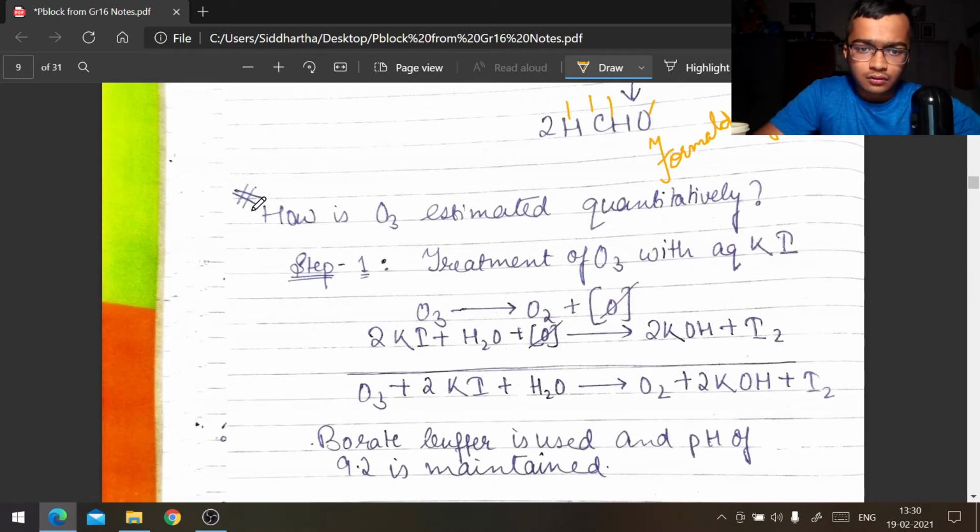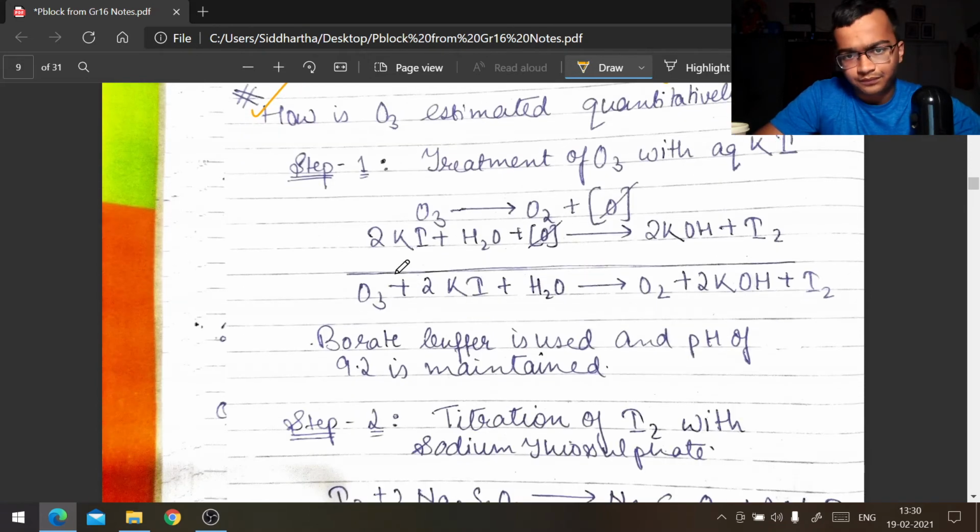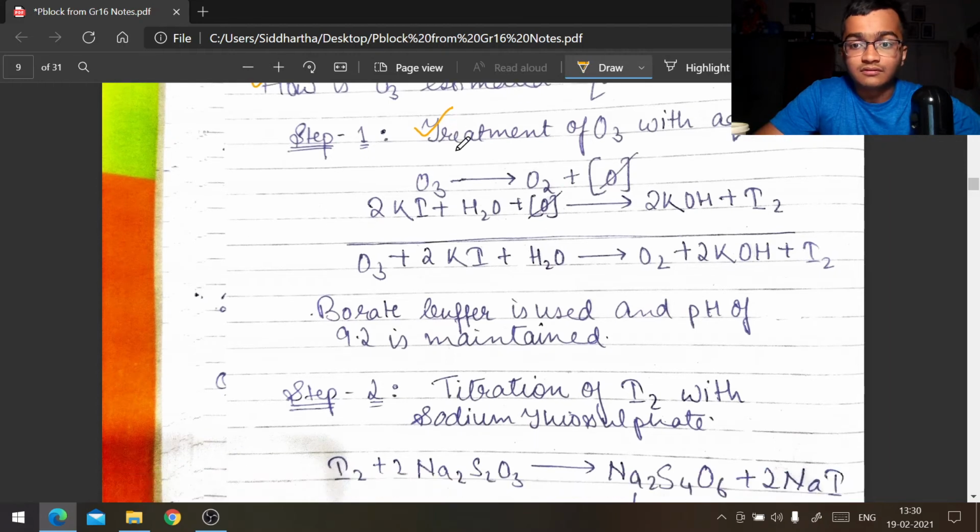Okay, now how is O3 estimated quantitatively? So we perform treatment of O3 with KI. We have performed a similar sort of experiment just a few seconds before. We took O3, which is giving dioxygen and nascent oxygen. We take KI plus H2O and again nascent oxygen plus KOH.